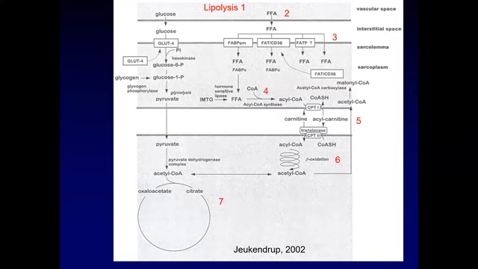CPT1 stands for carnitine palmitoyltransferase. It's an enzyme, and what it does is it takes the acyl-CoA, it binds here, and then it makes acylcarnitine, and it moves the carnitine into the mitochondria. Once it's in, though, we then turn it back into acyl-CoA. I don't understand. Why don't we just go acyl-CoA in? Nobody knows. But it does that, okay?